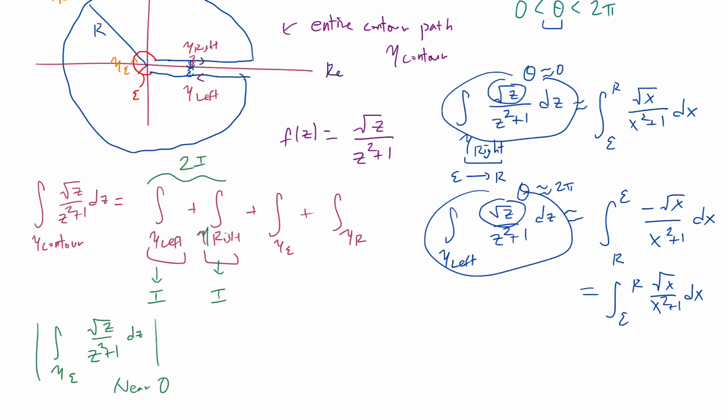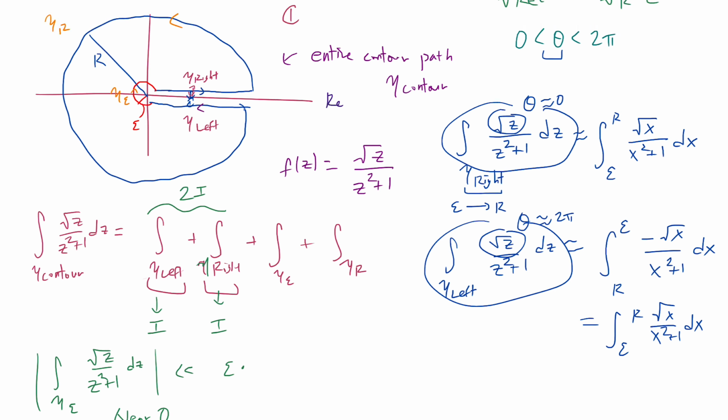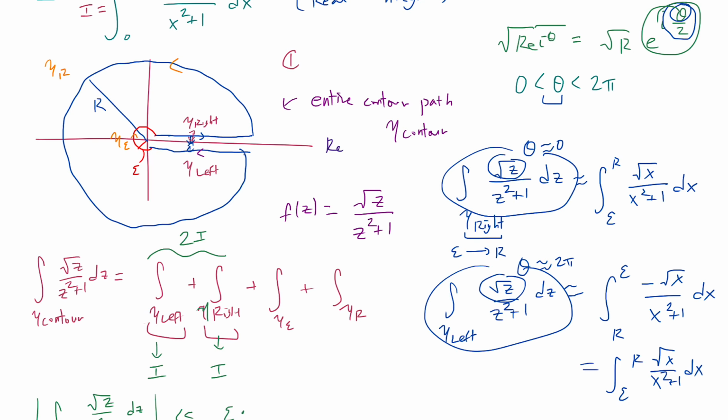So when I take the absolute value, up to a constant multiple, the length of this arc gamma epsilon is like the circumference of a circle, about 2 pi epsilon. And what about the magnitude of the integrand? If you're talking about magnitude, this branch cut part really doesn't matter.